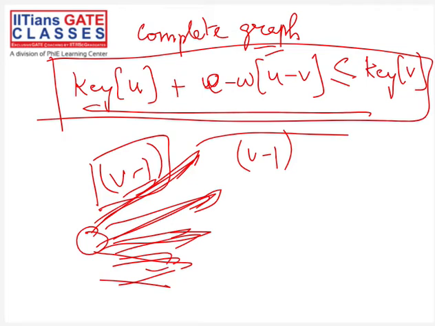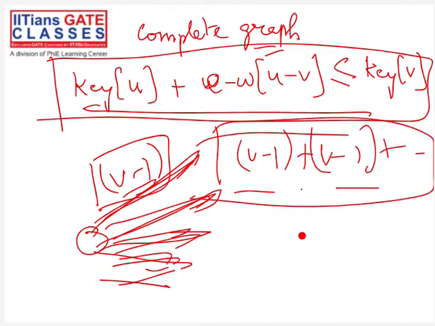So you're doing it for V minus 1 edges, and next time also you'll do it for V minus 1 edges and so on, correct? So basically, can I say something like this? You are doing this for nothing but twice the total edges. Everyone understood this part? You're checking the update equation 2 times for every edge in the graph.